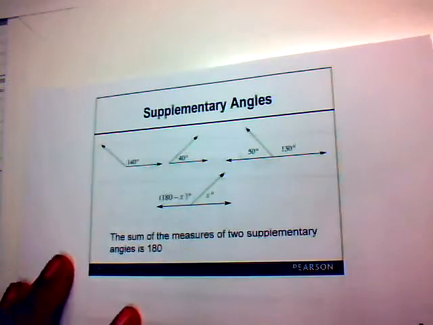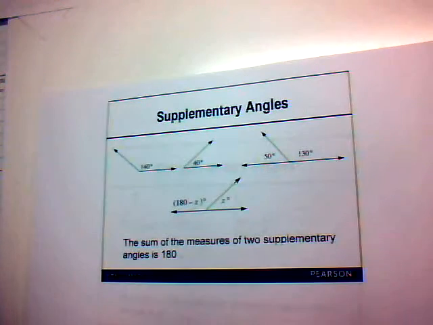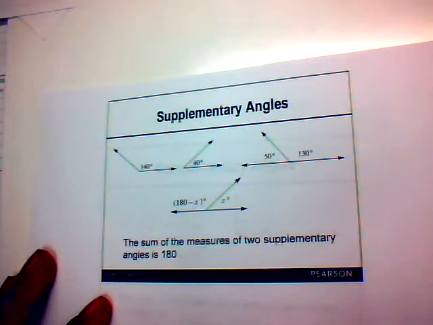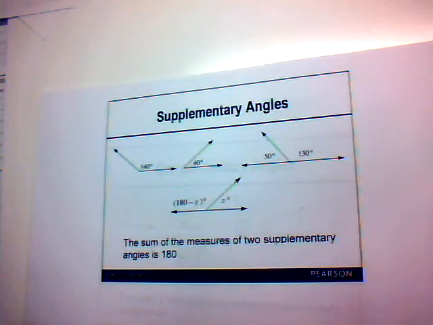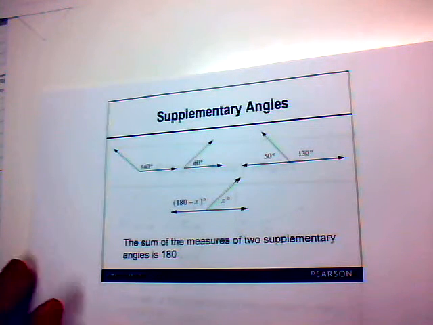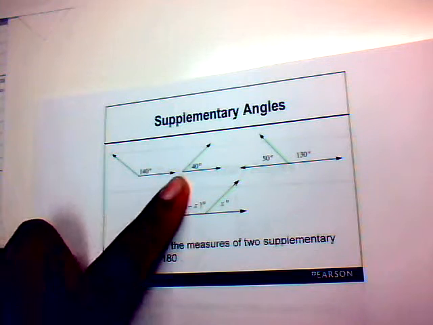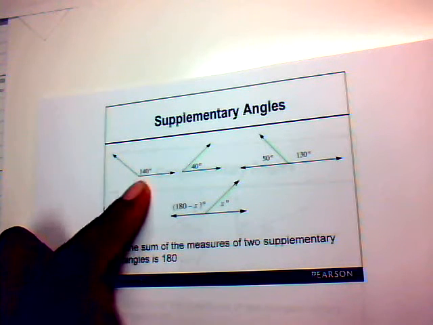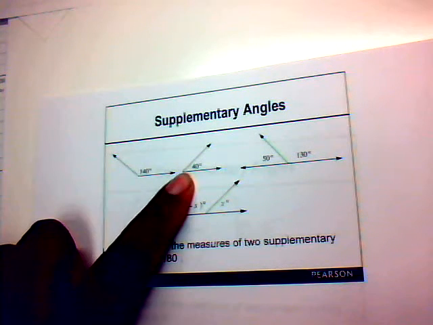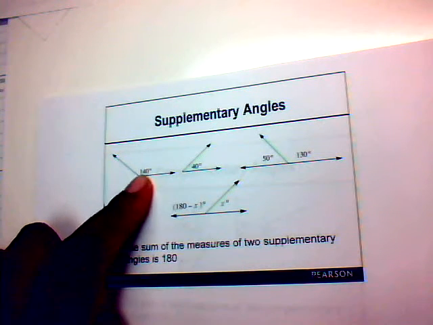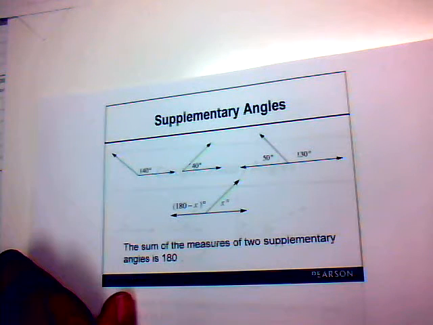All right, next is supplementary angles. Those are two angles whose angle measures add up to 180 degrees. So the sum of the measures of two supplementary angles is 180 degrees. With this first set, you've got one angle that's 140, another angle that's 40 degrees. If we add 140 to 40, you're going to get 180.